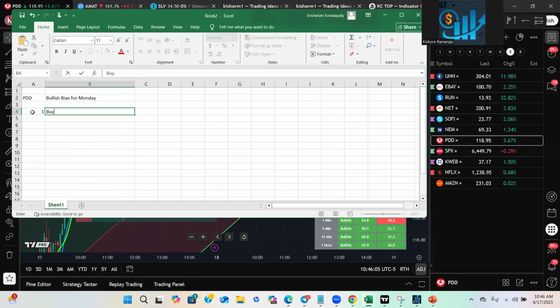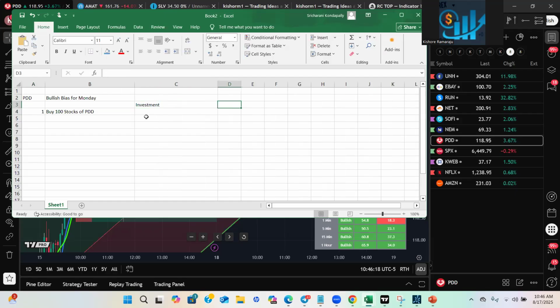You can buy, let us say, 10 stocks or 100 stocks. So your investment is 11,900.